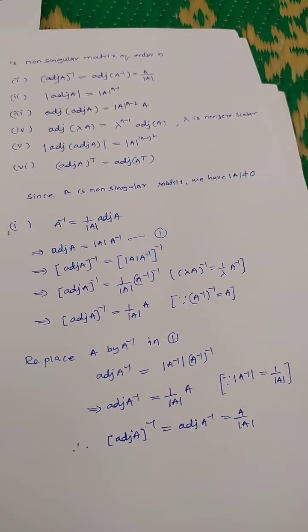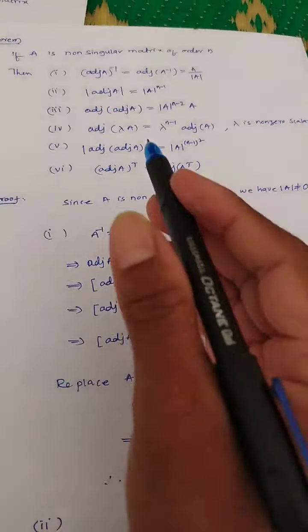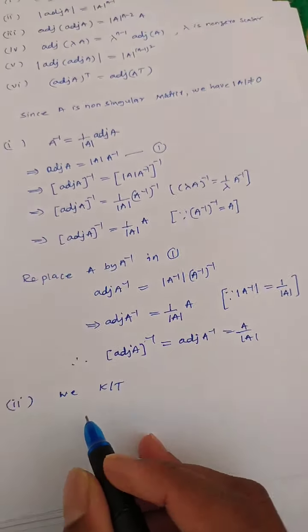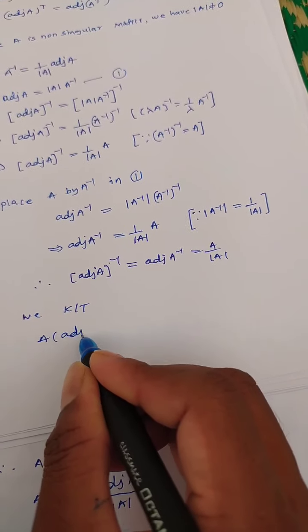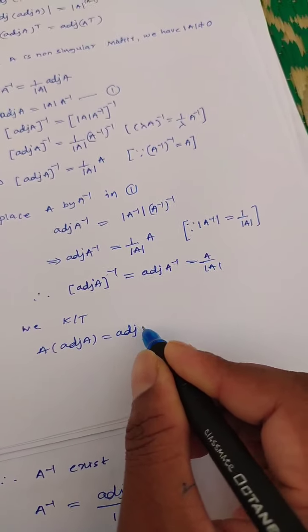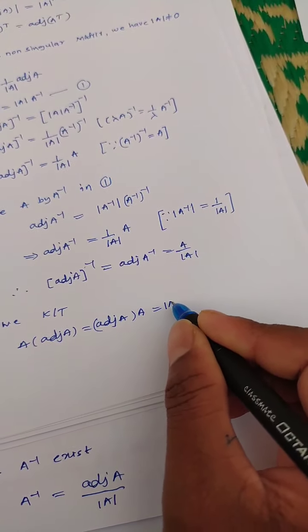Now to prove the second one, we know that A into adjoint A. Already we studied in the previous theorem, adjoint A into A equal to det A into In.